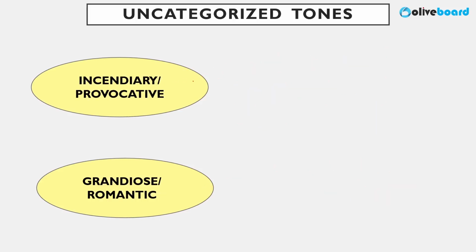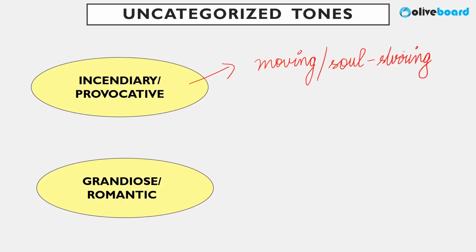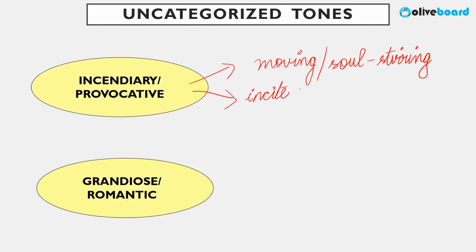Next, incendiary or provocative. If you have come across or heard some famous speeches by great orators, and you found some very soul-stirring or moving words. Okay, so when there are very, very strong words used, soul-stirring, even great speakers use this kind of tone while speaking, which will actually incite or create this emotion inside you in a very positive or strong way.